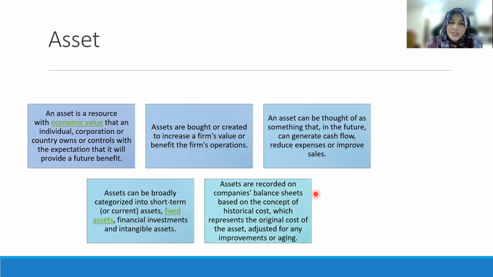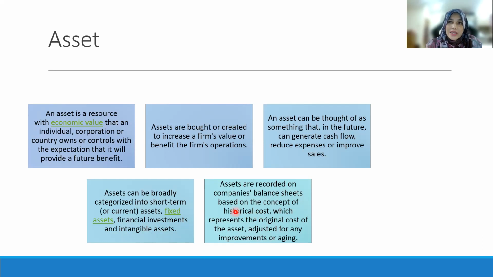Assets are usually recorded in the balance sheet, or the statement of financial position, the one that we saw for Nestle. Based on the concept of historical cost, they are recorded at the price the company paid when they purchased the asset.